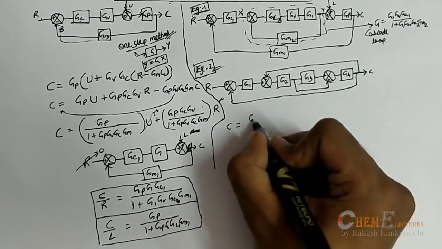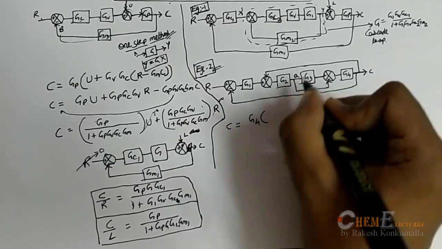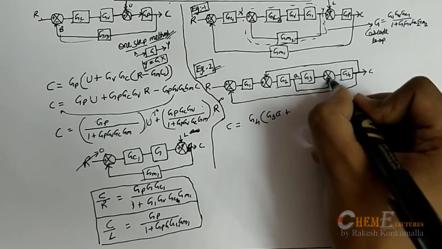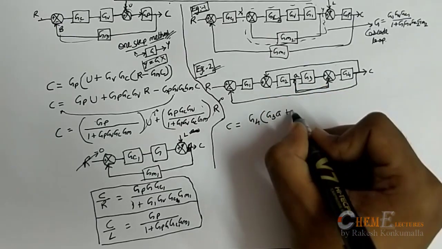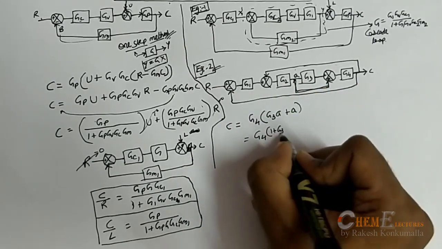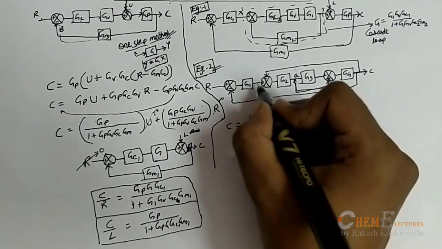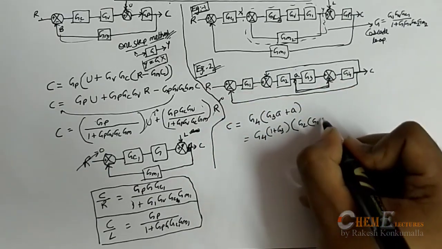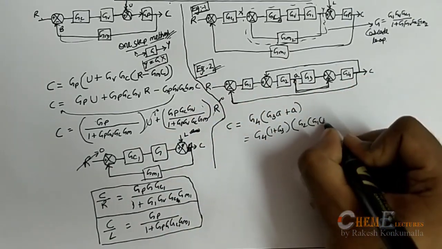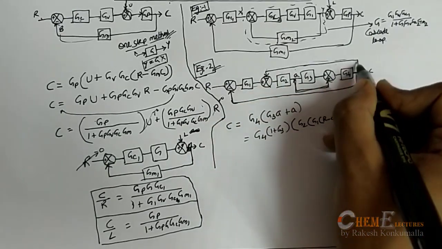C is equal to G4 and a comparator here, which let me take as A, which is G3 into A plus, again this positive, it is going till here, which means A. So till now we have simplified to G4 into 1 plus G3 A. A will be G2 of, again a comparator here, G1 into R minus, again go backwards, it will be C, R minus C, then here negative, minus of, if you go here it will be C.